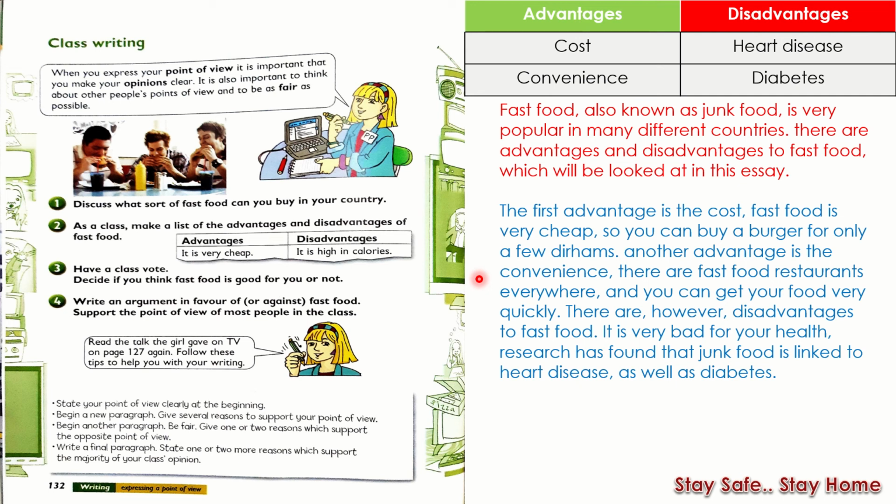If the advantages and disadvantages or the ideas that you want to talk about are a lot, it's better to divide the body into two paragraphs. But if the ideas are few, then it's enough to do it in one paragraph. Looking at the advantages and disadvantages I have, there are only four. So no need to go for two paragraphs.